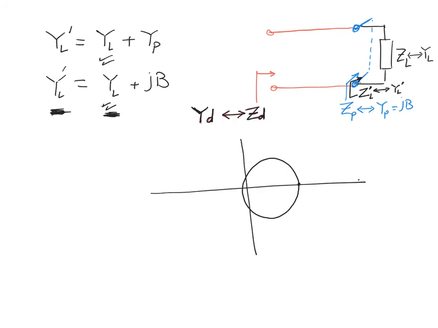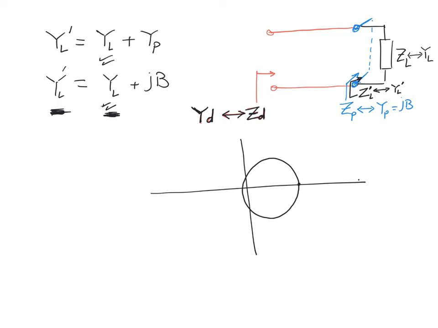That's why I draw the circle in black, because the value comes from the load itself.